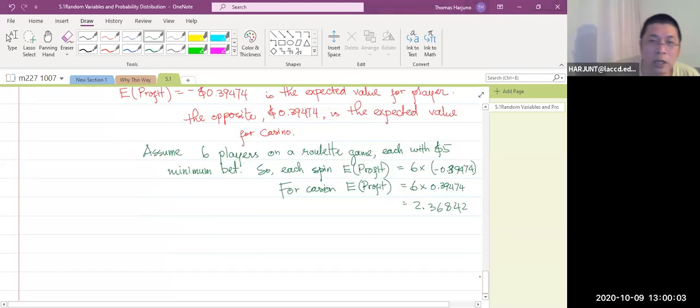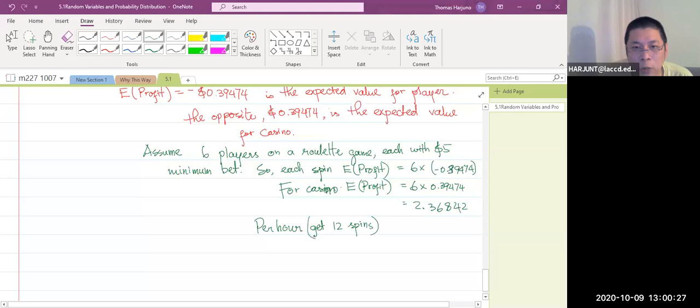Now the thing is, one time they spin it, it takes approximately 5 minutes. You spin it and then you pay it, and so on. So per hour, you get 12 spins at least.